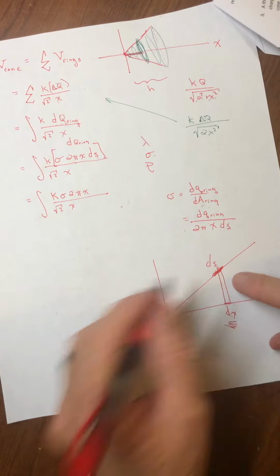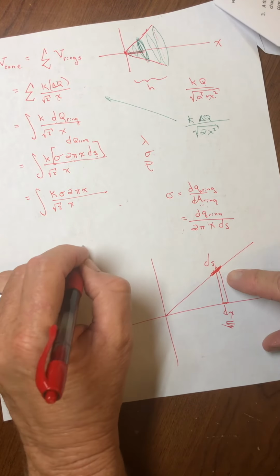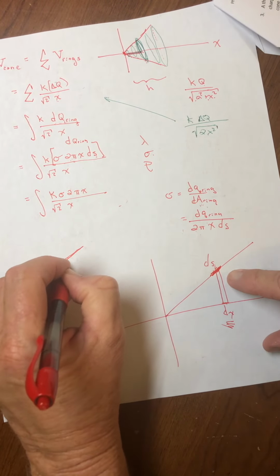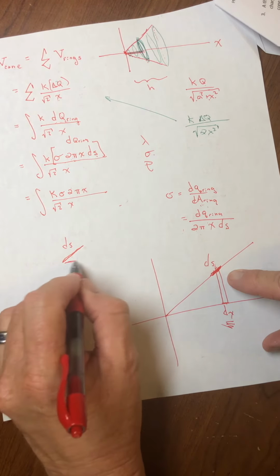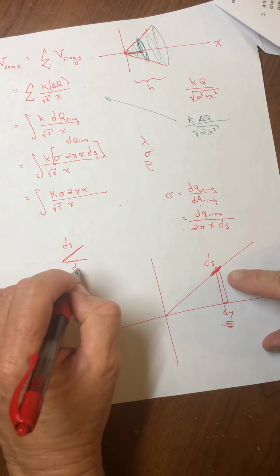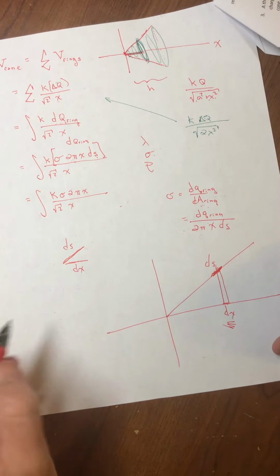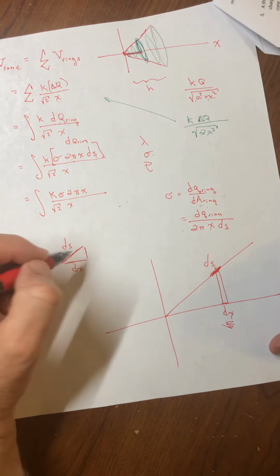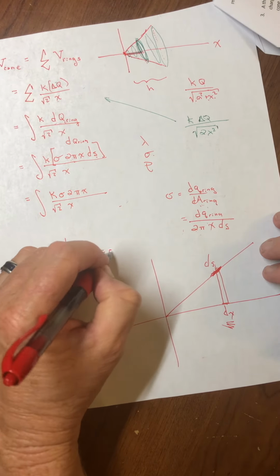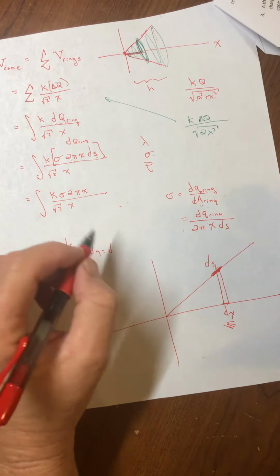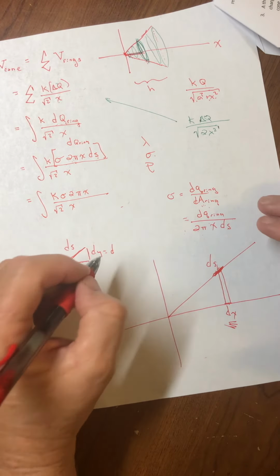In fact, if I do an exaggerated picture, this would look something like here. This is the ds. And then this would be the dx. And in fact, this vertical piece, you might call it a dy, but we're working with a part where the slope is 45 degrees.